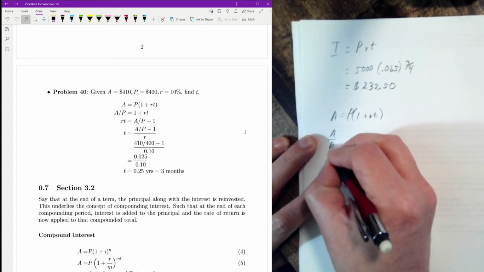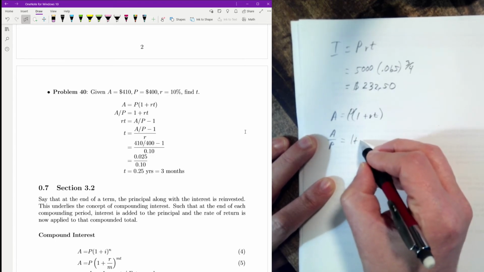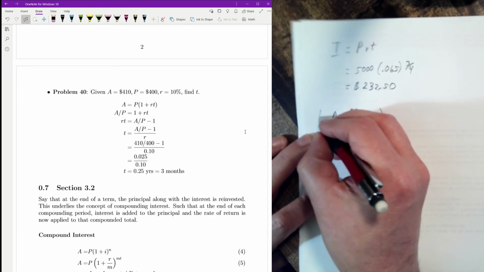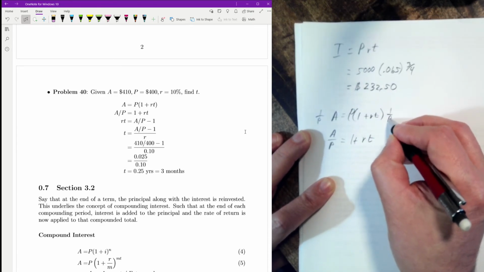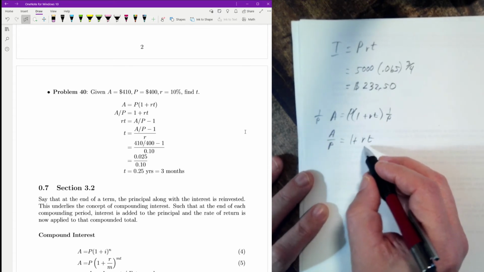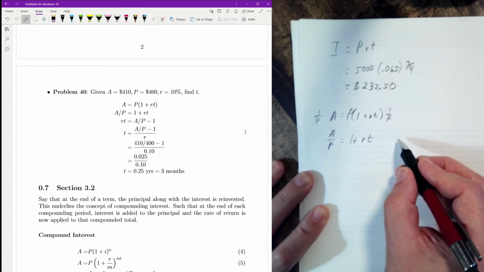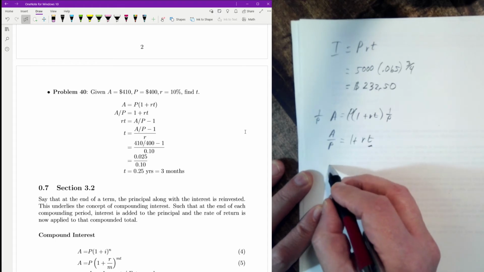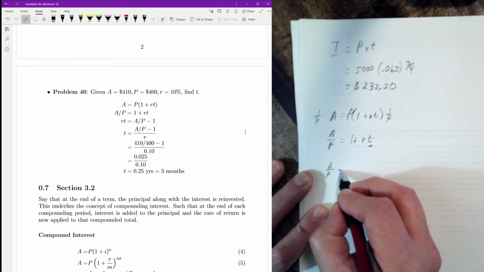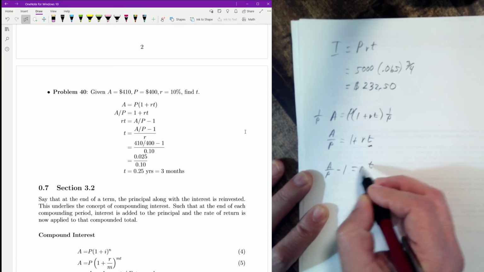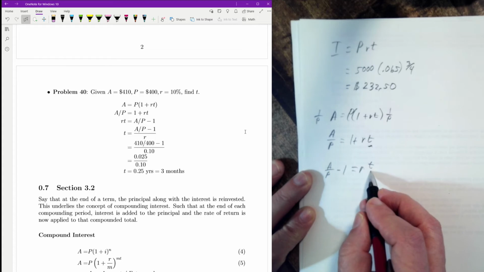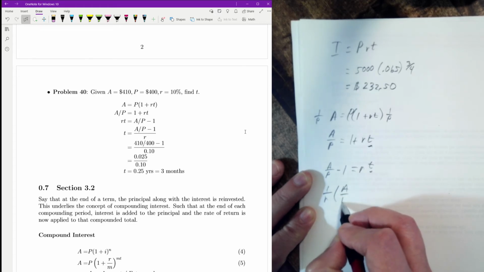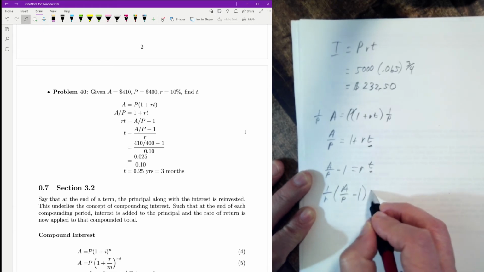So we have A divided by P equals 1 plus RT, and we do that by dividing both sides by P. What we're trying to find is T. So now we have A divided by P minus 1 equals RT. And then we're looking to find T. So 1 over R times A divided by P minus 1 equals T.